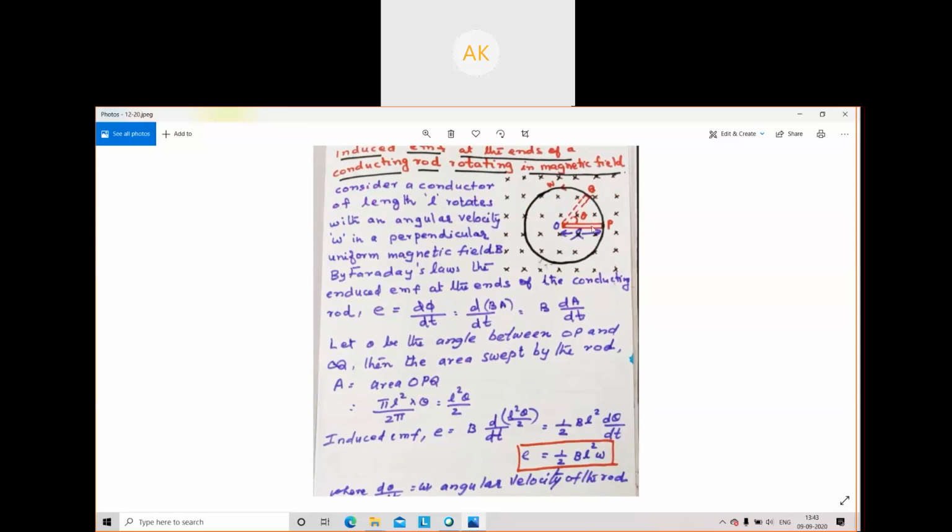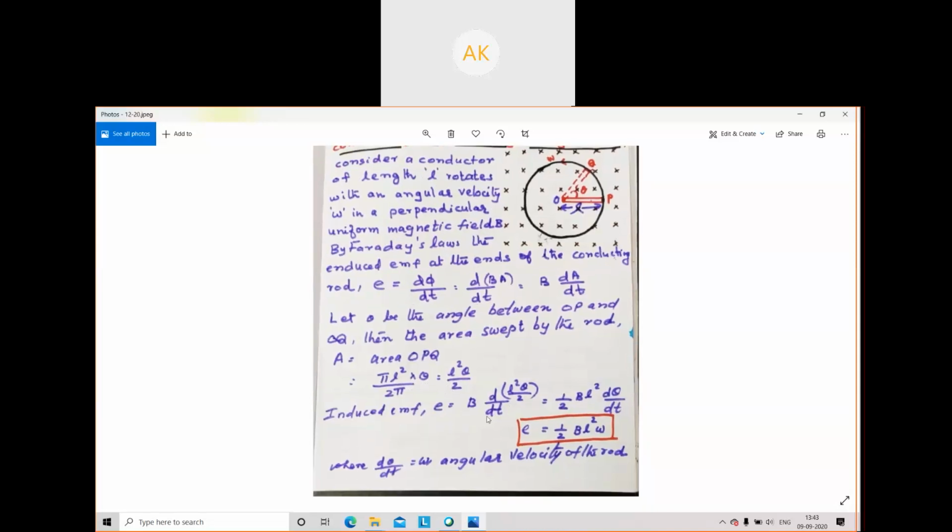So for this total area pi L square, for the angle subtended at the center by this rod, for unit angle the area will be pi L square by 2 pi, and for an angle theta, it will be pi L square by 2 pi into theta. And the pi cancels, we get L square theta by 2, the area enclosed. So induced EMF equal to B into d by dt of area.